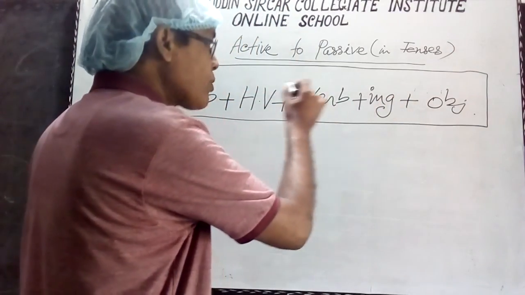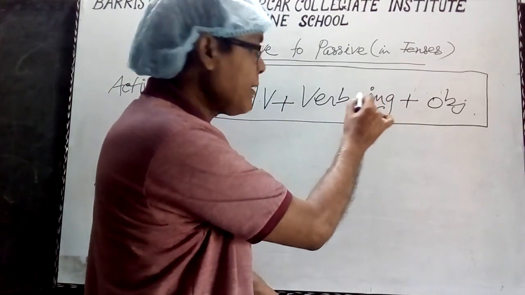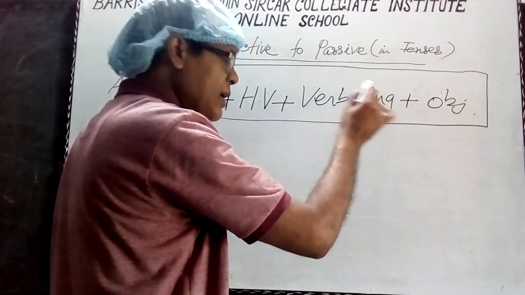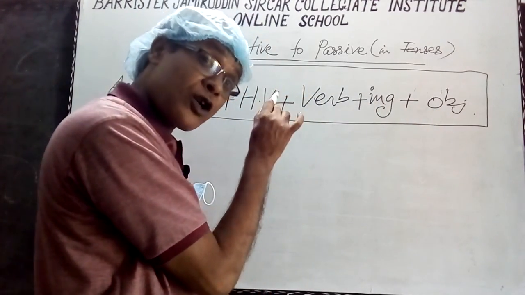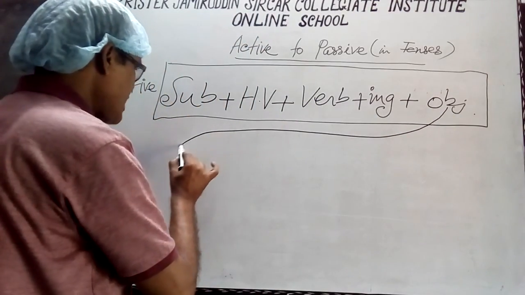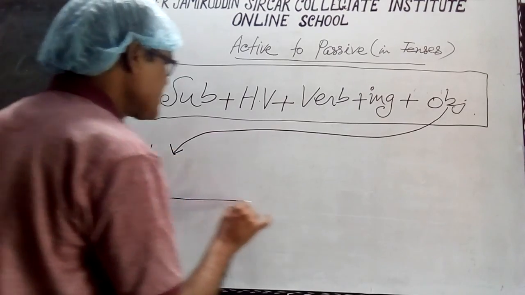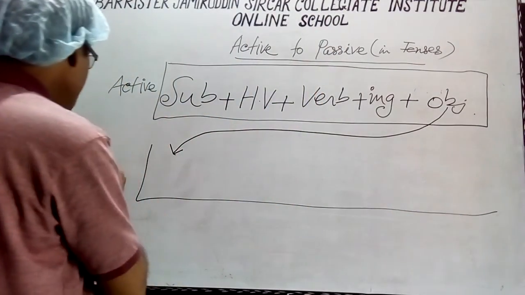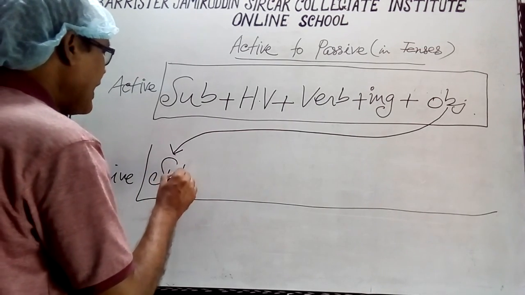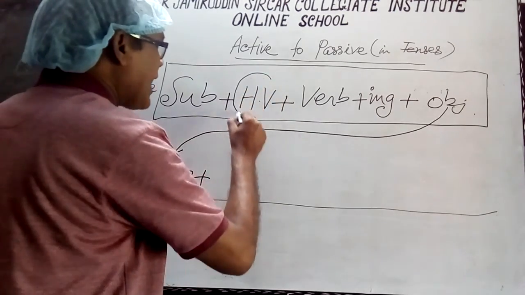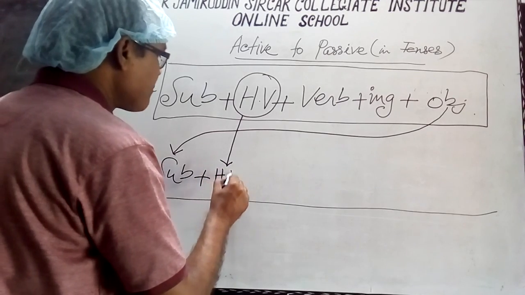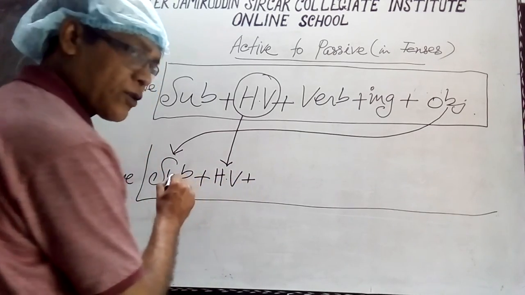So this is the continuous form. If the verb is in the ing form, then we must remember that it is in the continuous form. So in continuous form, we know the object will be the subject. This is passive voice. The auxiliary verb will be the same, according to person.